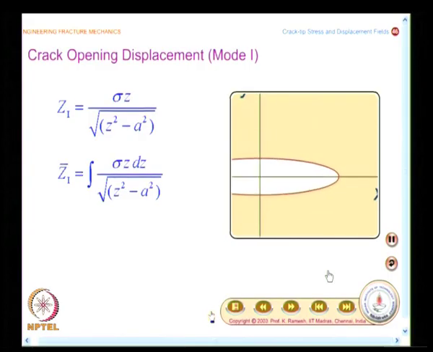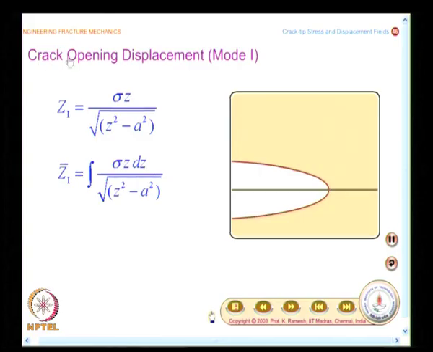Then we moved on to finding what is crack opening displacement, and when you want to get the crack opening displacement, what we define is, when you have the crack open, this you call COD.